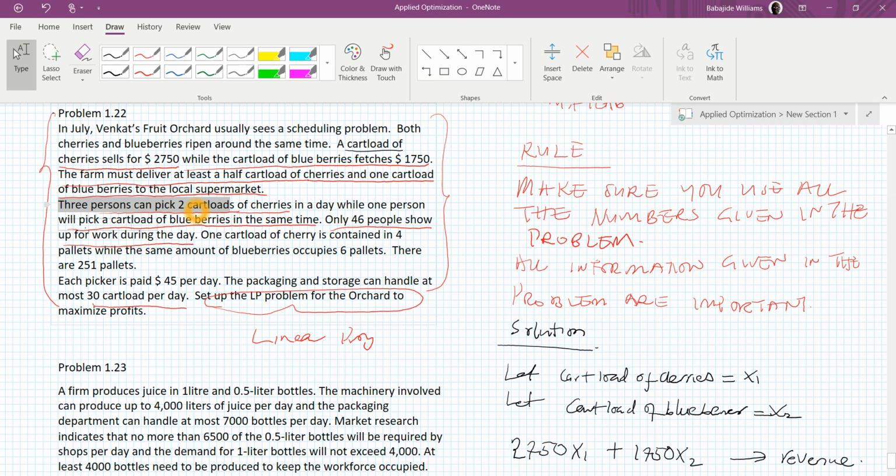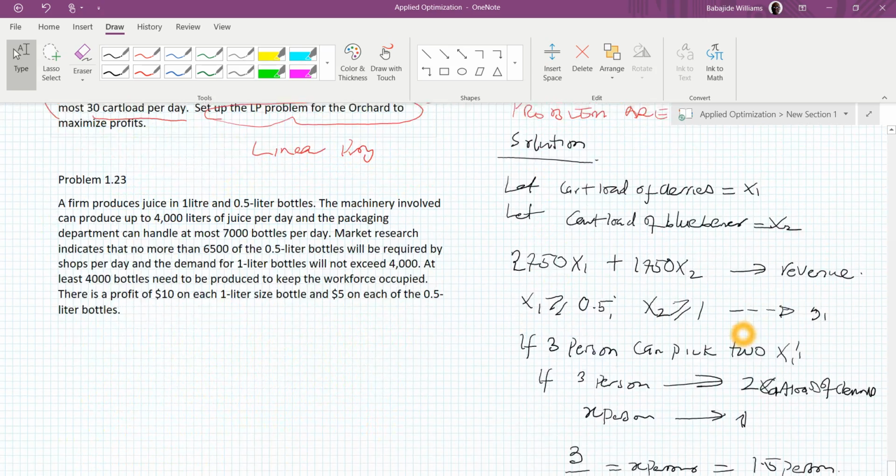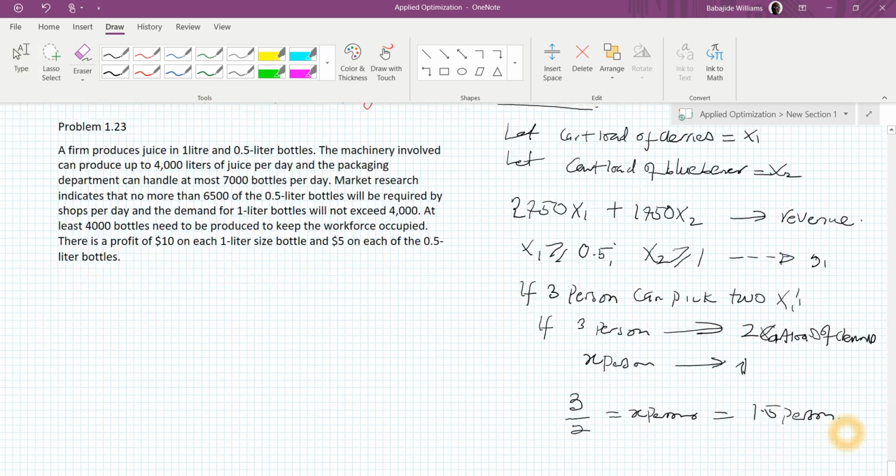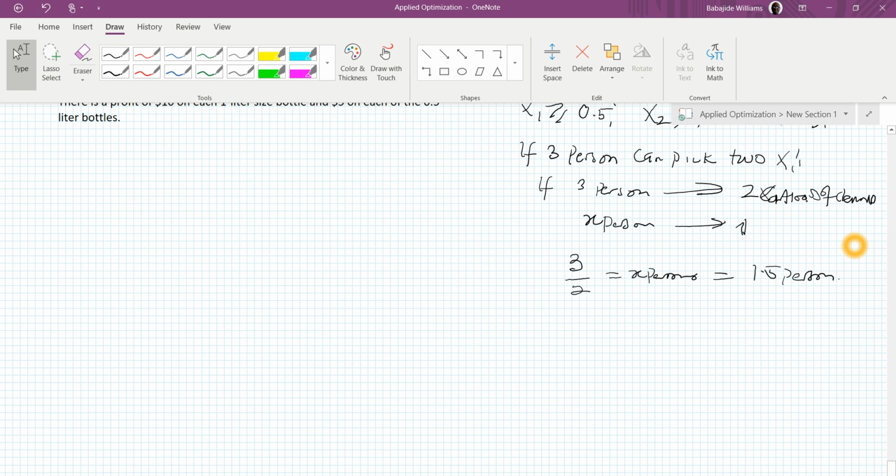I'm really interested in 1 cartload of cherry, not the 2. It's lumped up here, so I need to break it down. So 1.5 persons will be responsible for 1 cartload of cherries. Does that make sense? Okay.